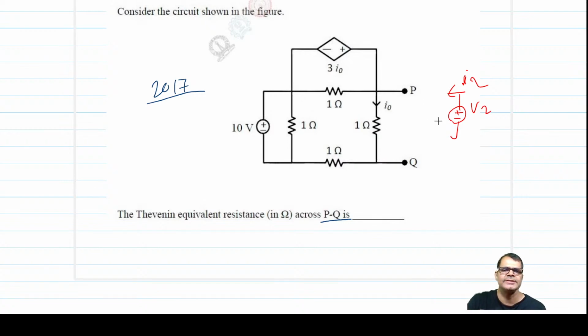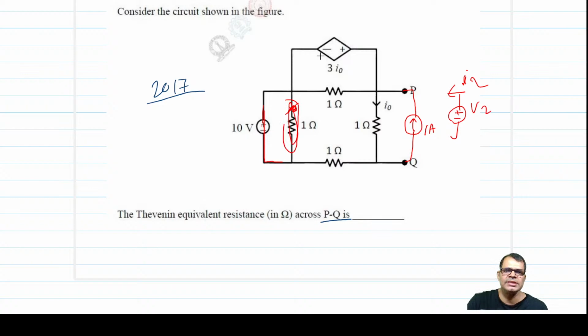I'll drive it by a 1 ampere current source and reduce the independent voltage source to 0, because it will be shorted. That means this resistance has no effect on the circuit, you can remove it, right?